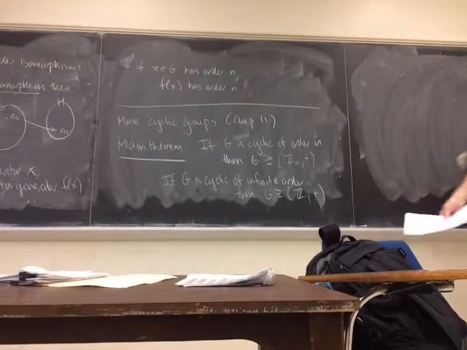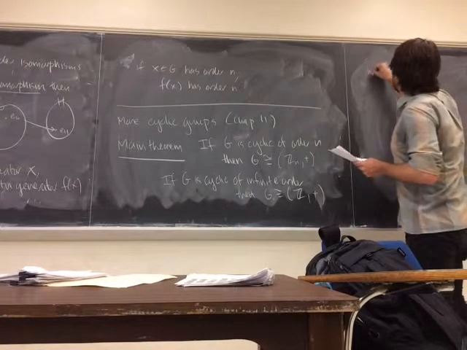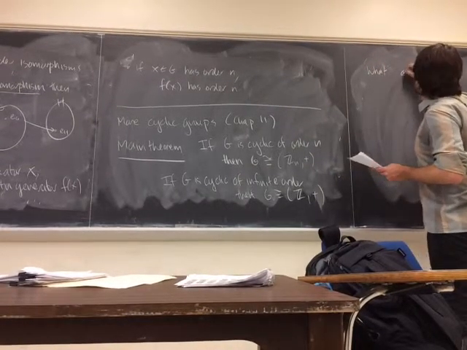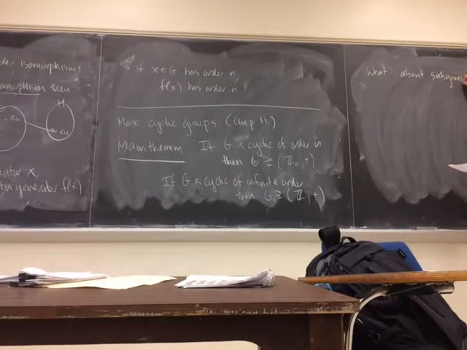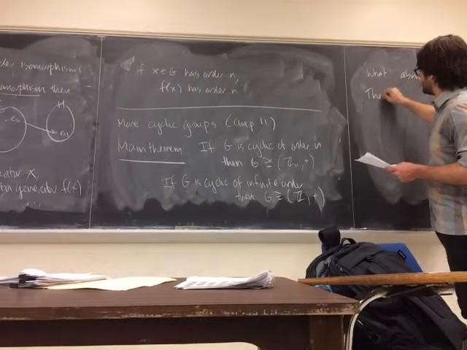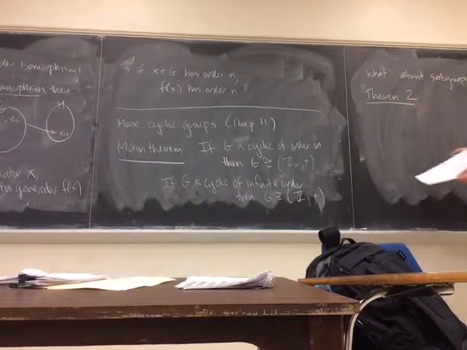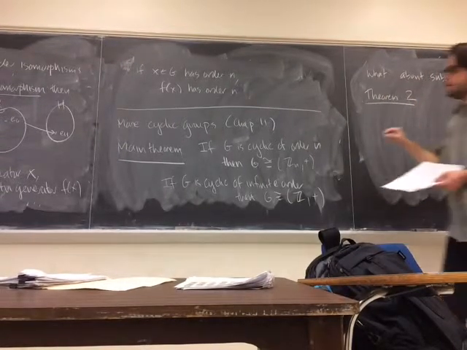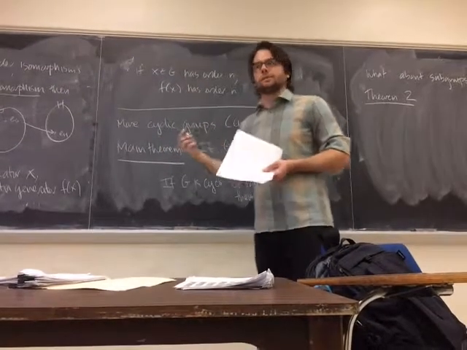Okay. Now the second theorem about cyclic groups is about their subgroups. So what about subgroups of cyclic groups? Well, here's another theorem. I'll call it theorem 2, or this is what he calls it in the book, but of course that's just arbitrary. The subgroups of cyclic groups are not interesting in some sense. They are also cyclic.